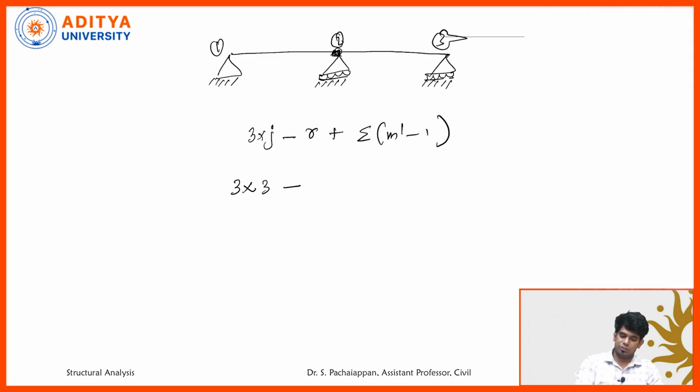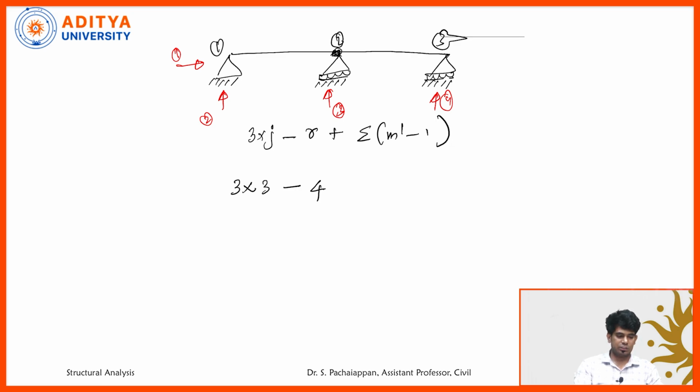What are the reaction forces? Here one vertical and one horizontal at the hinged support, and at the roller supports only one vertical each. How many reaction forces? 1, 2, 3 and 4.